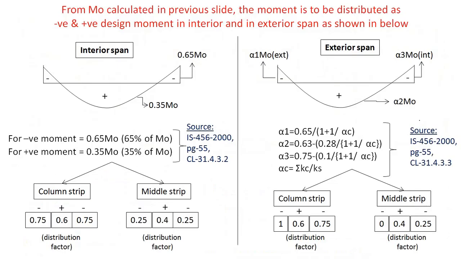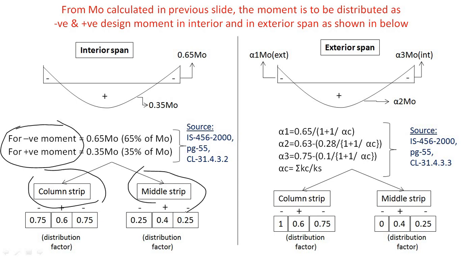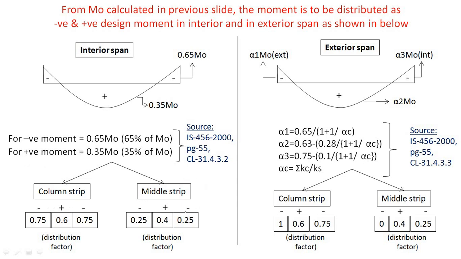So this will be something like this. For the column strip, some moment will be transferred to the column strip and some moment will be transferred to the middle strip. How much percent of moment will be transferred will be decided by the value known as the distribution factor.